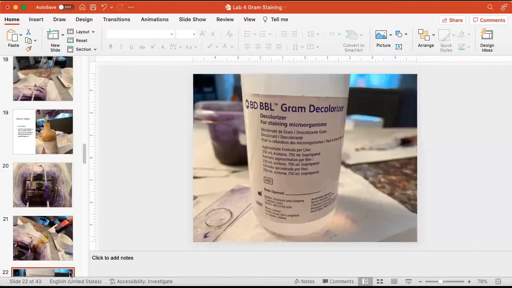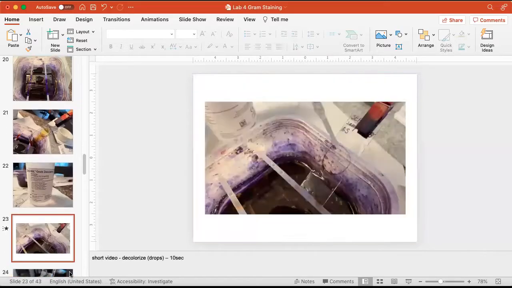Remember, the decolorizer step is the one that you have to be a little precise about. Instead of laying a puddle of decolorizer like you do with the other 2 ingredients we've looked at, you're going to hold the slide up at an angle over the staining tray. Using a transfer pipette, you're going to let go 1 drop at a time.